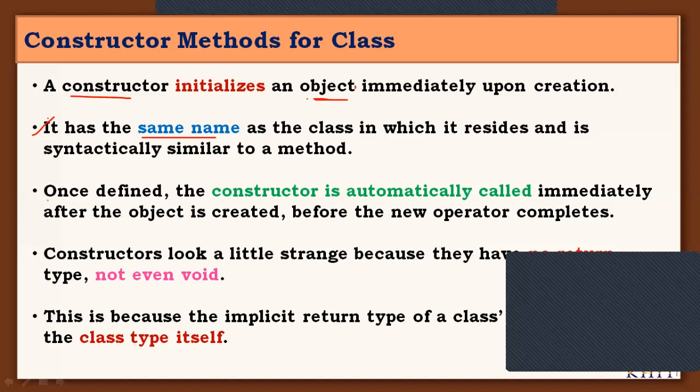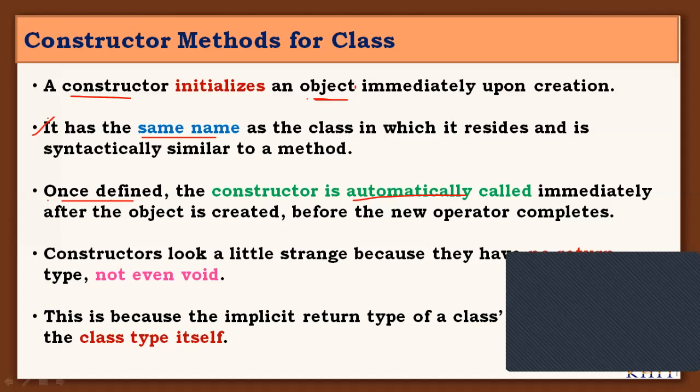Next, once it is defined, the constructor is automatically called immediately after the object is created. Generally, we create objects for a class outside of the class, maybe inside the main function.